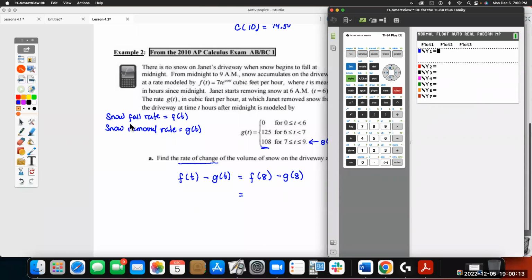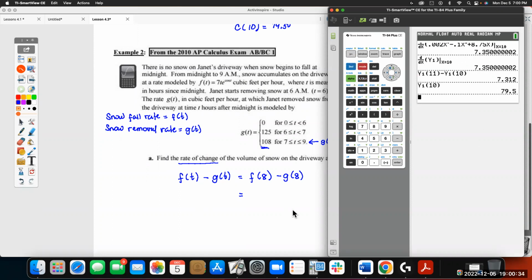Let me clear that out. So this is 7x times e raised to cosine x. Now again, please make sure that your calculator is in radian. Let's close that out.